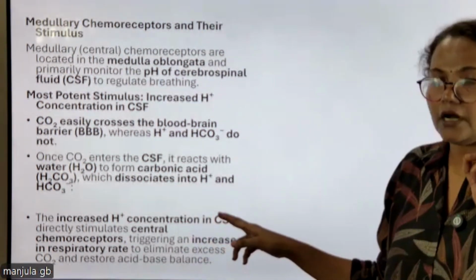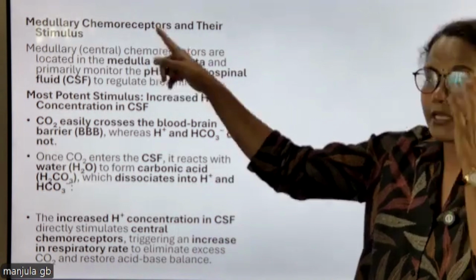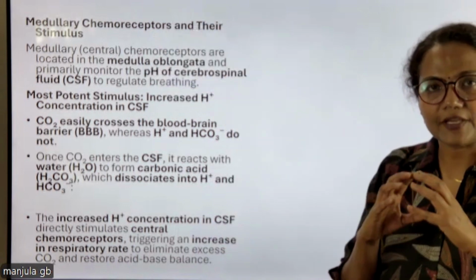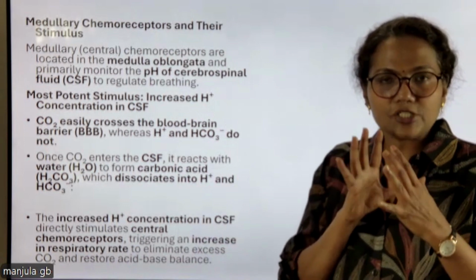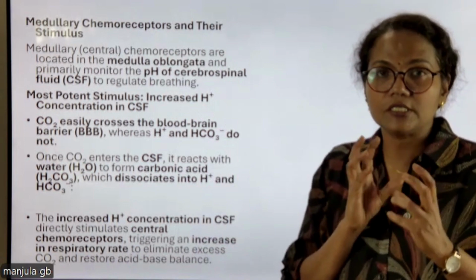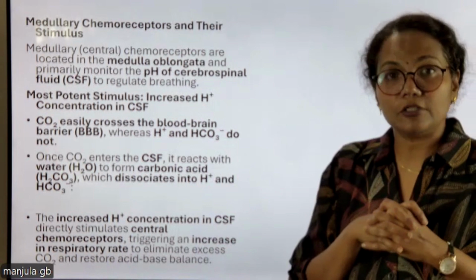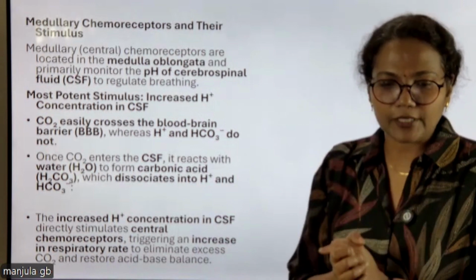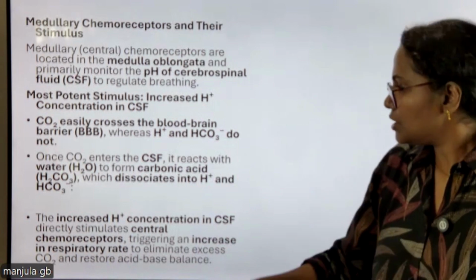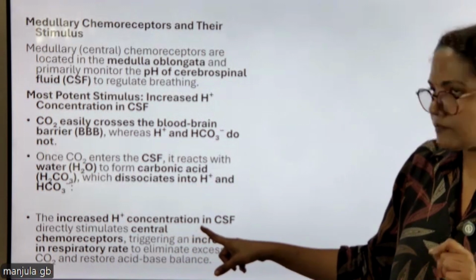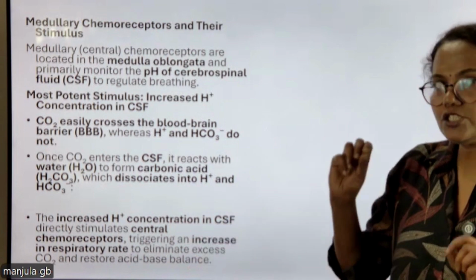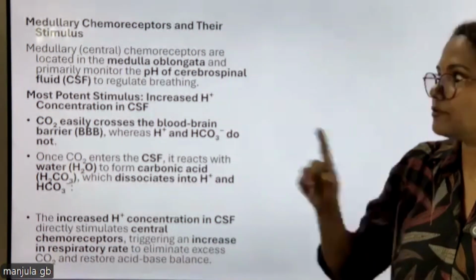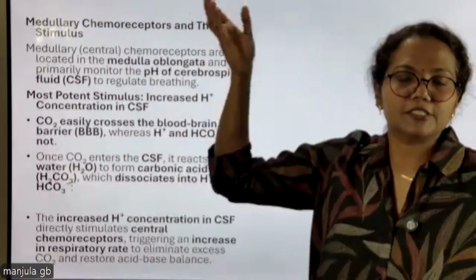Now, our medullary chemoreceptors are very, very sensitive to these H+ ions. They watch the H+ ion concentration and regulate the respirations accordingly. So increased H+ in the CSF directly stimulates the central chemoreceptors.